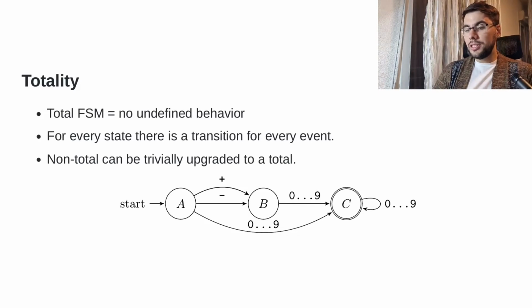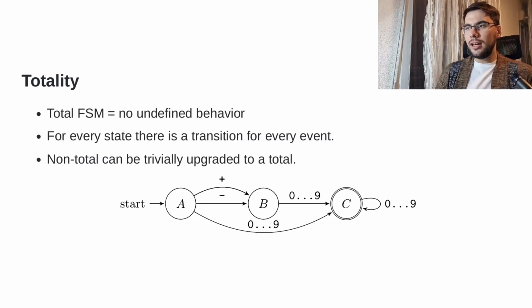In this case, we just don't have an appropriate transition from the state B that would correspond to the second plus and lead us somewhere. What do we do in this case? We can modify this finite state machine and make it total. A total machine will not have undefined behavior ever.